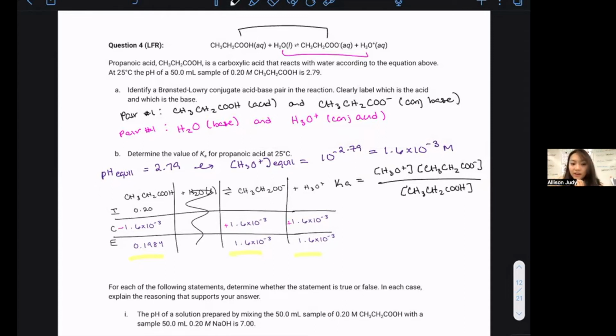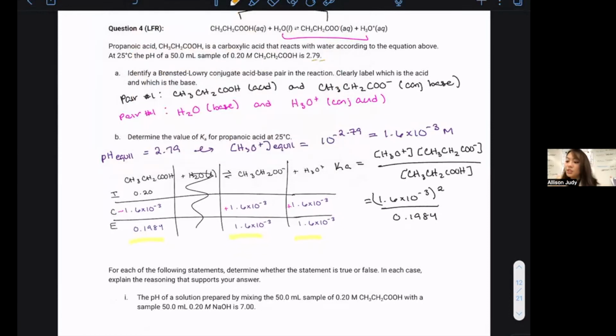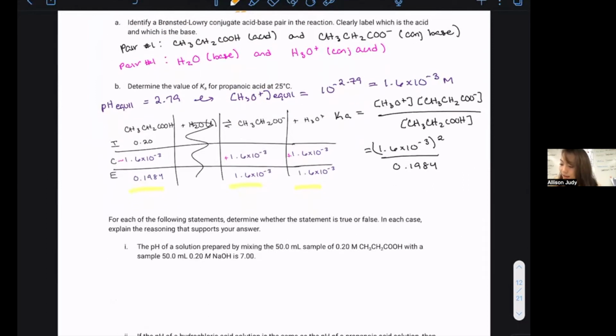And when I plug in these values, I get 1.6 times 10 to the negative third squared, because each ion had the same concentration due to its 1-to-1 molar ratio, all over 0.1984. And what I get, according to sig figs, which is based off of the 2 digits after my pH value and the 2 sig figs of my molarity value given, is that my Ka is equal to 1.3 times 10 to the negative fifth. Okay, which makes sense as it's times 10 to the negative because it's a weak acid. So it should have a pretty weak Ka value.